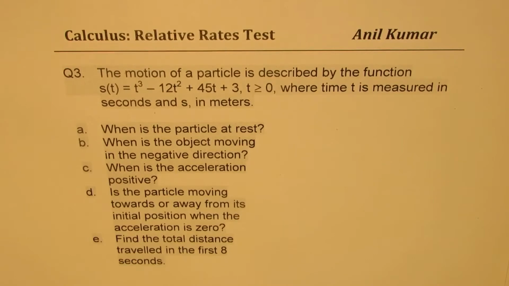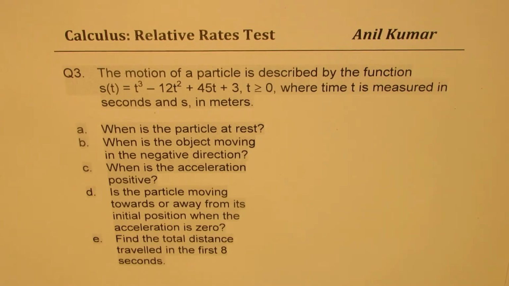Question number 3. The motion of a particle is described by the function s of t equals t cubed minus 12t squared plus 45t plus 3, where t is greater than or equal to 0, where time t is measured in seconds and s in meters. Now it has 5 parts.